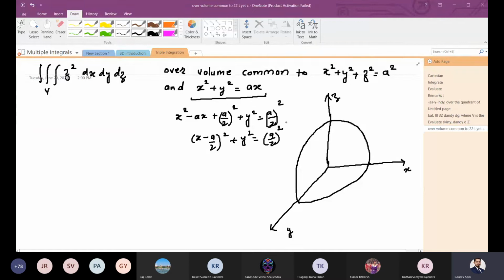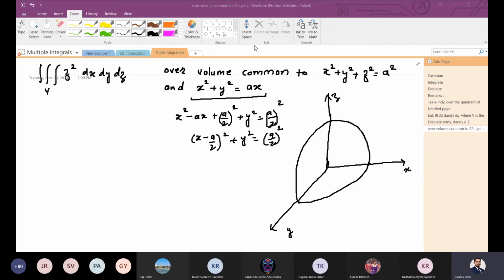Now can you tell me what is it? Circle. Circle where? Sir, on a by 2 point on the x-axis. I am asking in 3-dimensional space, what is it? It's a 2D object. It's in xy plane. Circle is in xy plane.